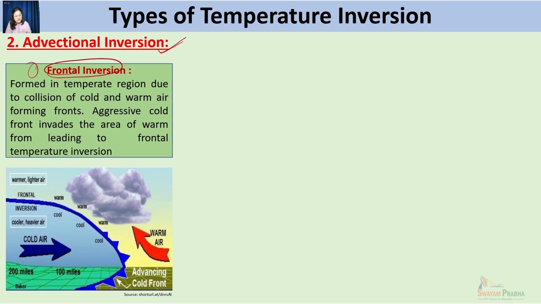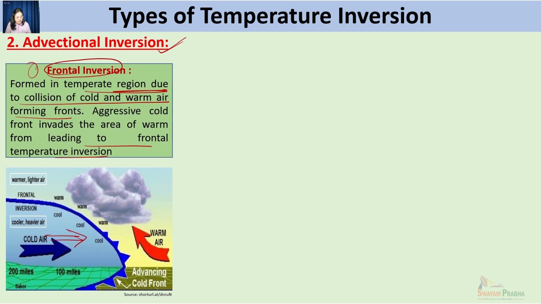The first category in advectional inversion is the frontal inversion, which is formed in the temperate regions due to the collision of cold and warm air forming fronts. An aggressive cold front invades the area of the warm front, leading to the frontal inversion.